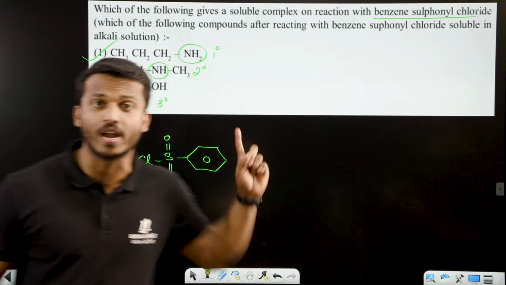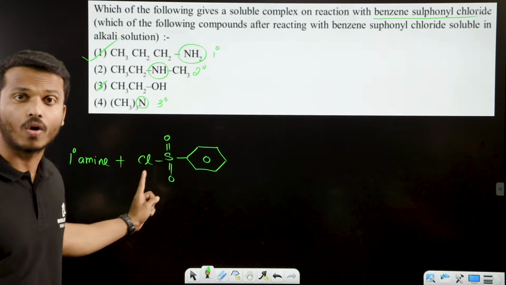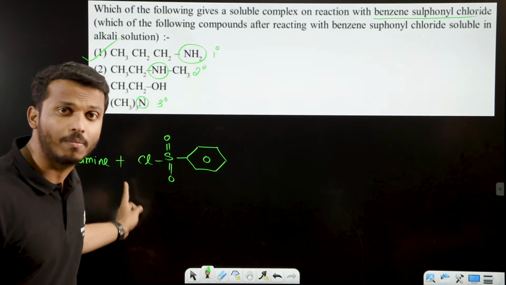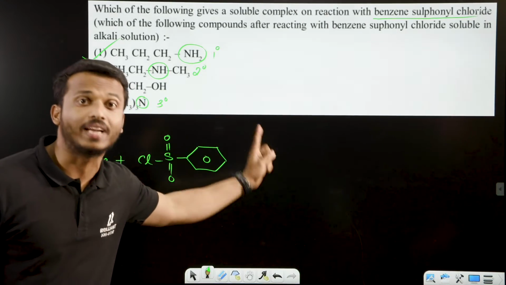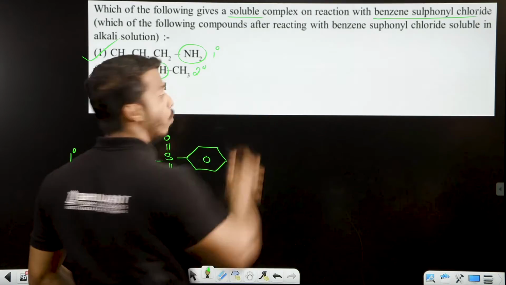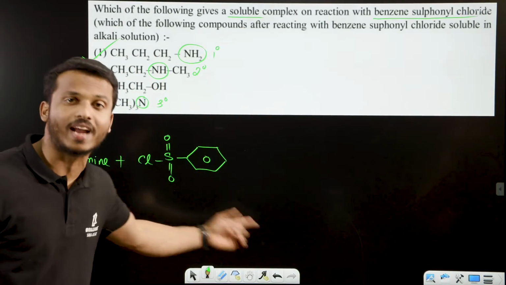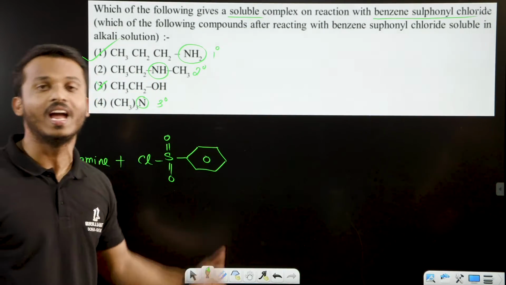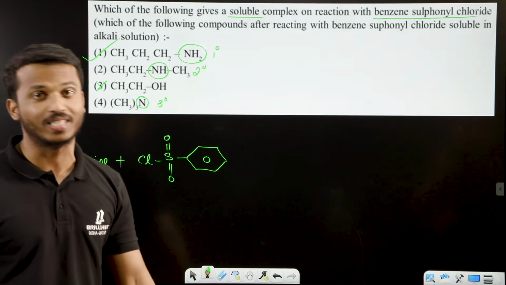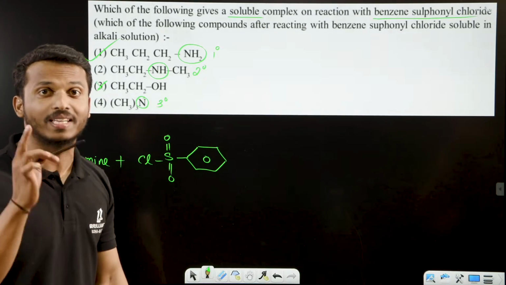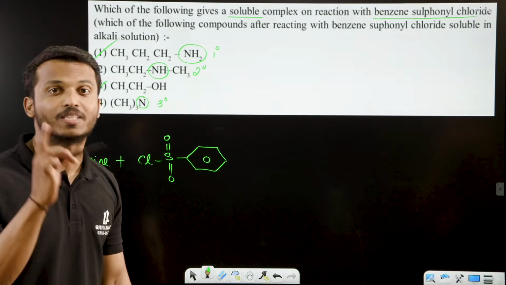Hinsberg reagent is benzene sulphonyl chloride. Once it reacts with the primary amine, you get a compound that is soluble in alkali, whereas secondary amine also reacts, but it is insoluble in alkali. Tertiary amine won't react. So this is the distinguishing test for primary, secondary and tertiary amines: the Hinsberg test.